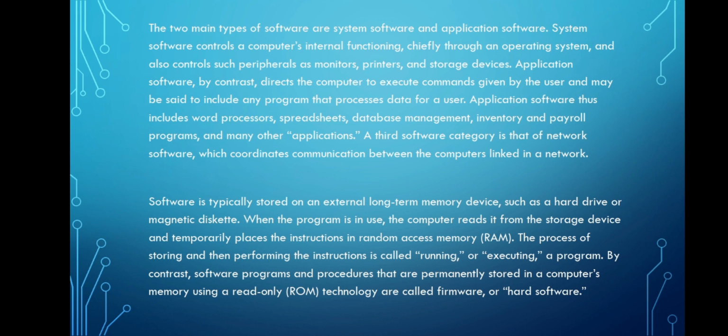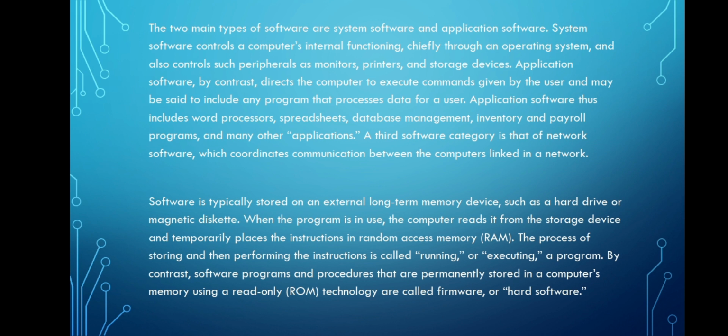Application software thus includes word processors, spreadsheets, database management, inventory and payroll programs, and many other applications. A third software category is network software, which coordinates communication between the computers linked in a network.